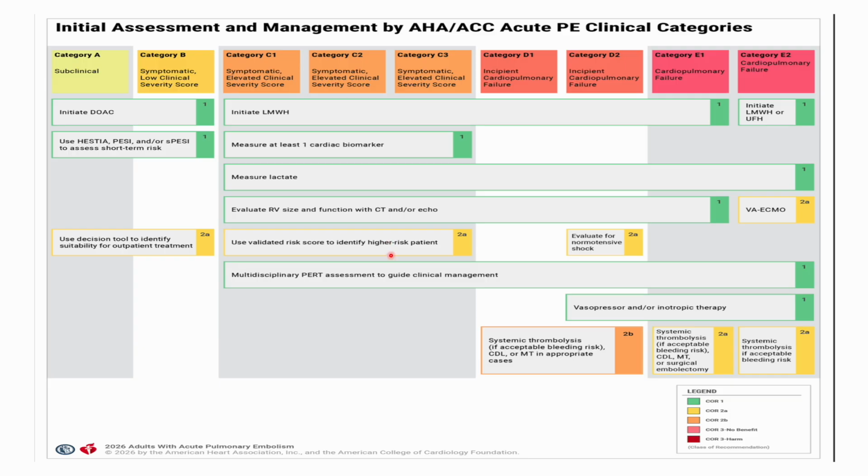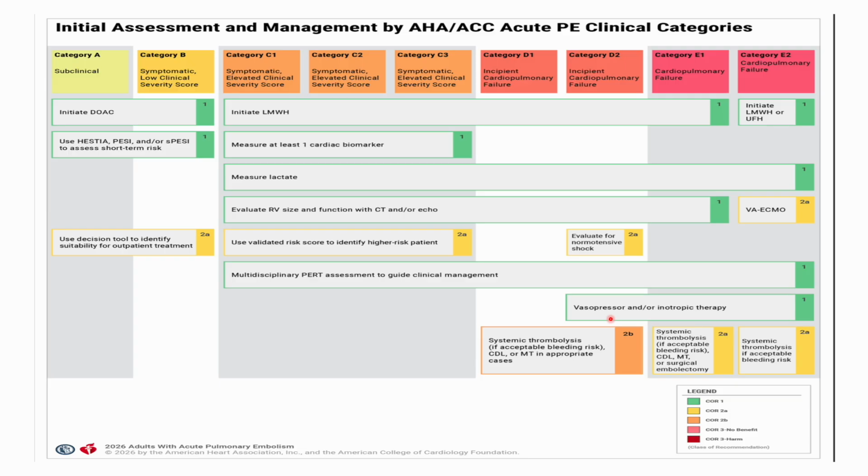We will use validated risk scores to identify which one is high risk, and we will do a multidisciplinary PERT assessment, which we will be talking about. For categories D onwards, you have to evaluate for normotensive shock, and you may need to introduce vasopressor or inotropic therapy in case of a shock.